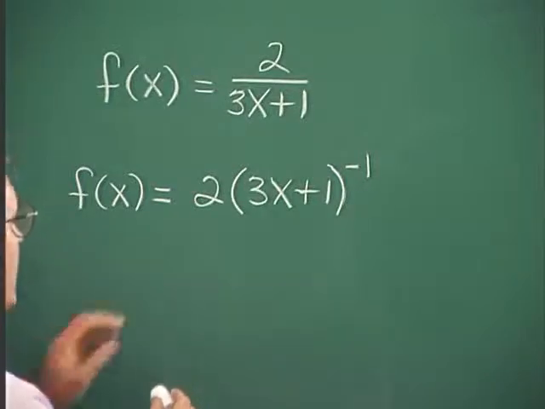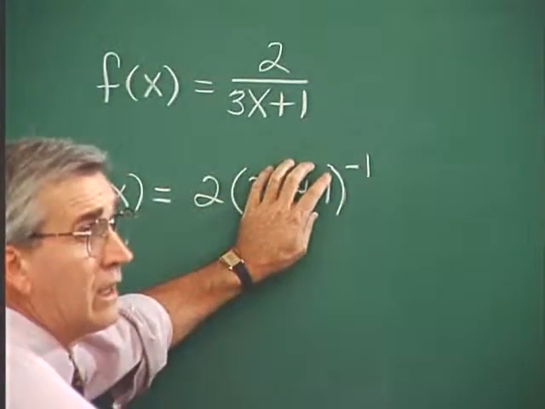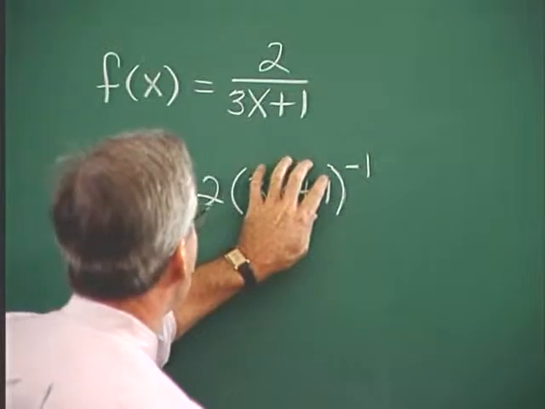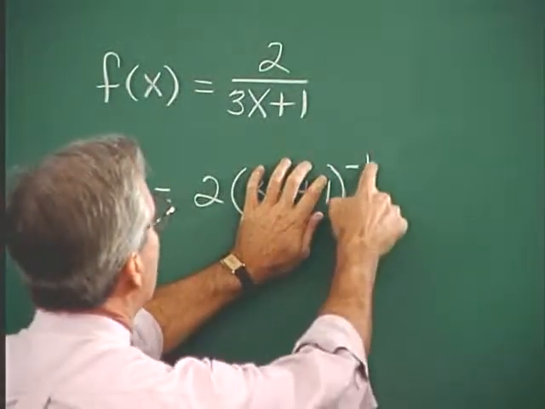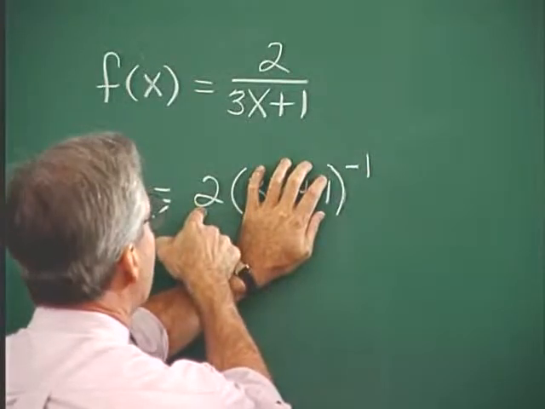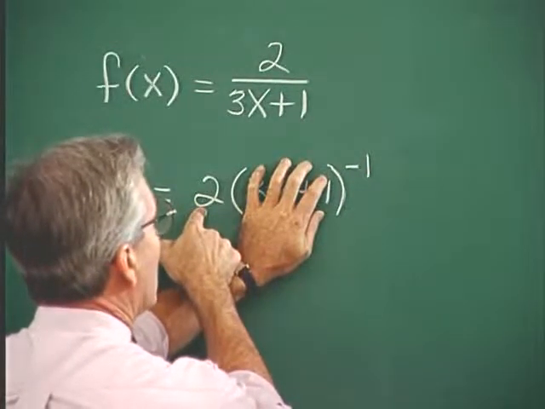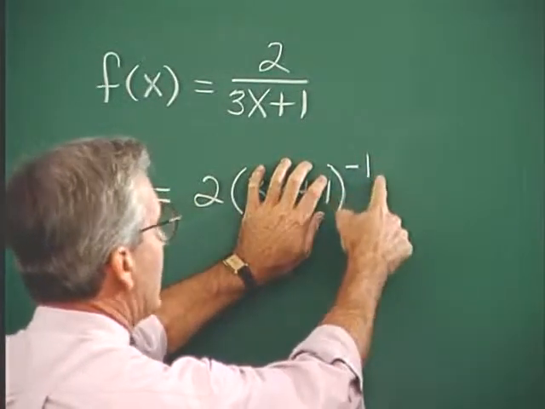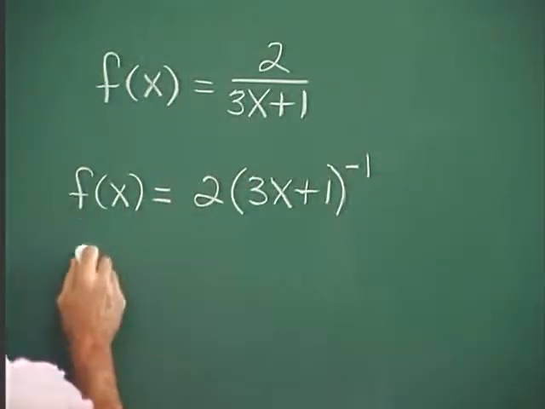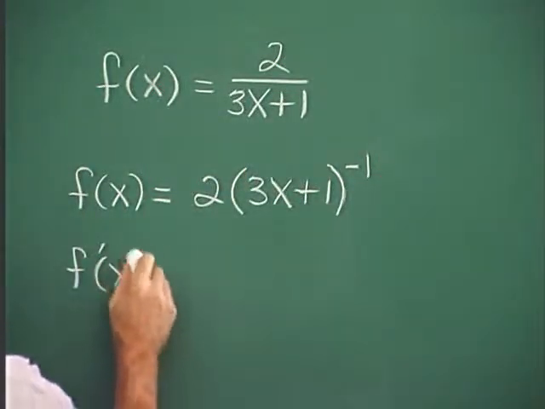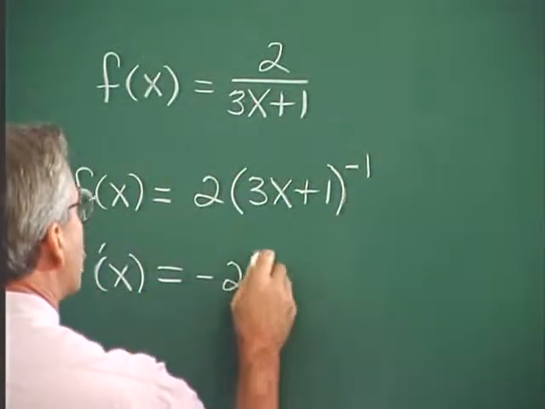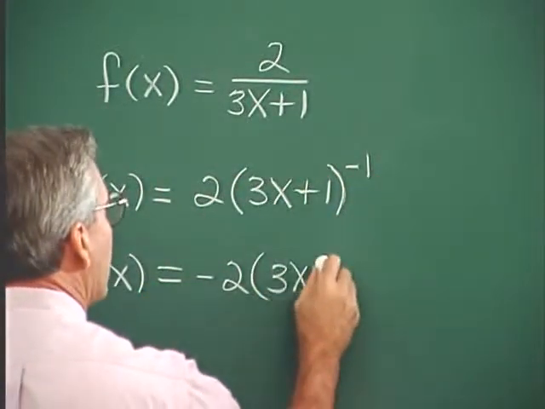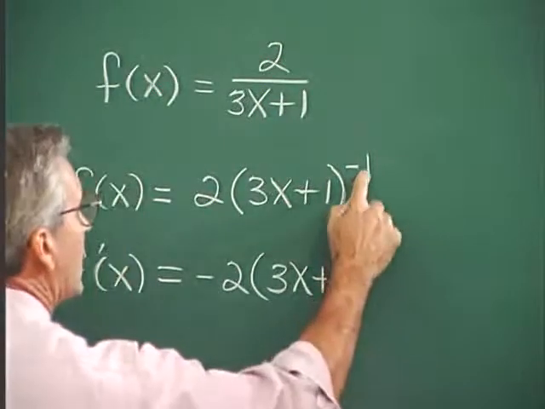And now I'm thinking of this as the single entity. And taking the derivative of this as a single entity, single variable, you see, it's minus 1 times 2, that's minus 2, times the single entity to an exponent 1 less than this. So f prime of x then, starting it out, negative 1 times 2, negative 2, times the single entity to an exponent 1 less than that.